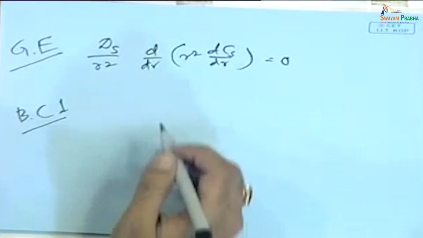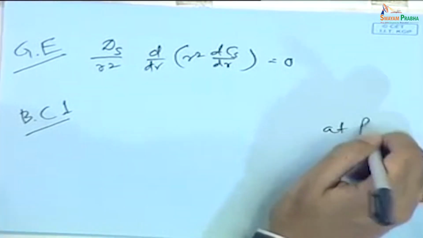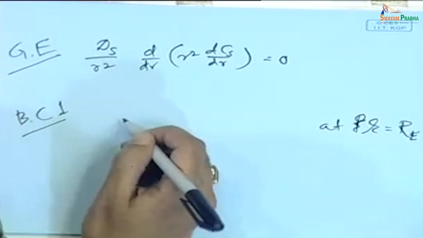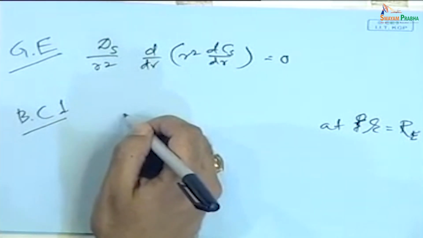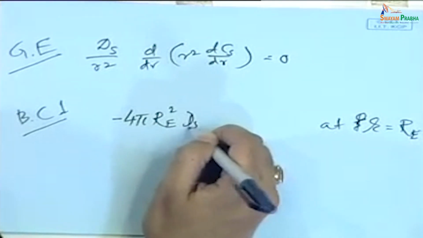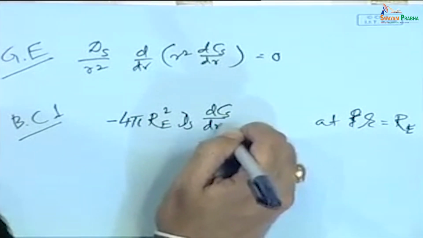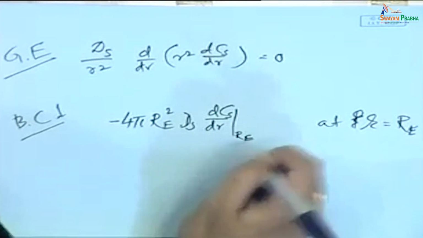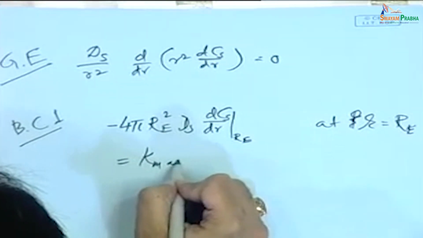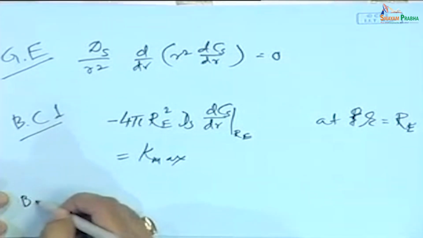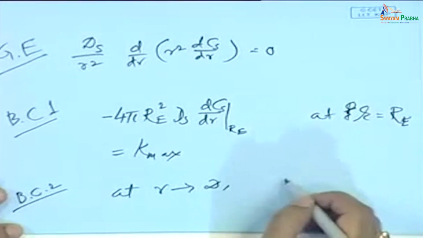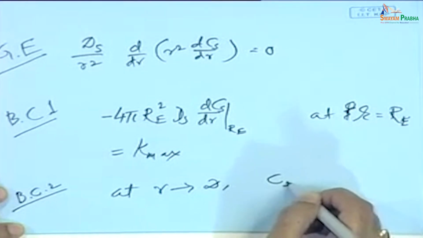Boundary condition 1 at r equals Re: 4 pi Re squared Ds dCs/dr equals, and that's the only difference now, k max. And BC2 is the same: at r going to infinity, Cs equals Cs naught.